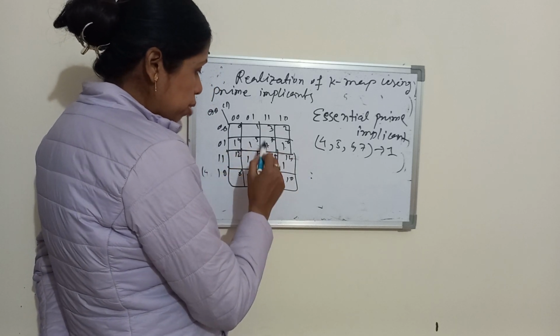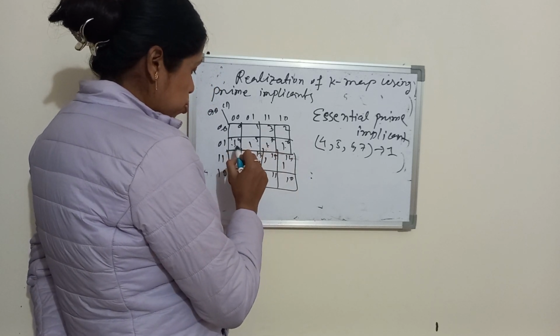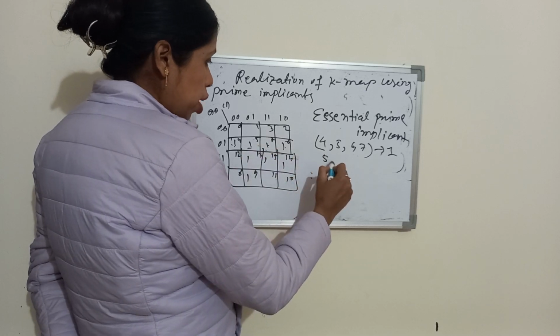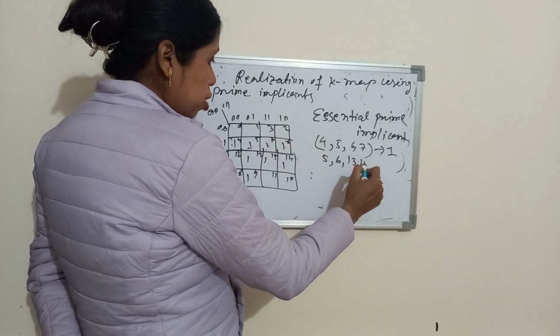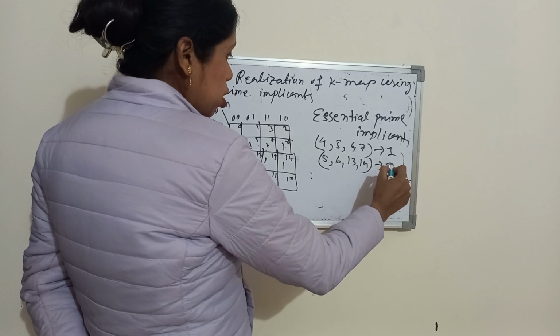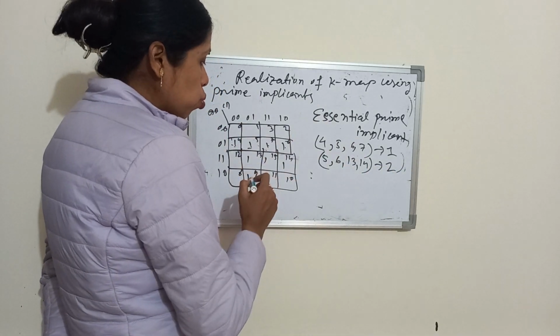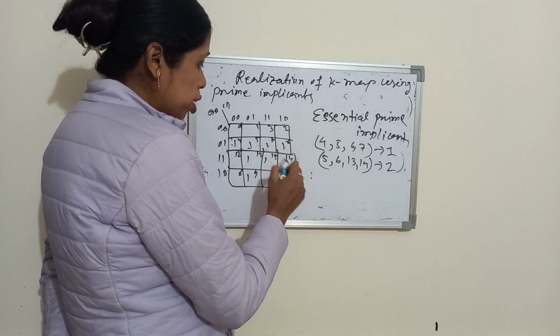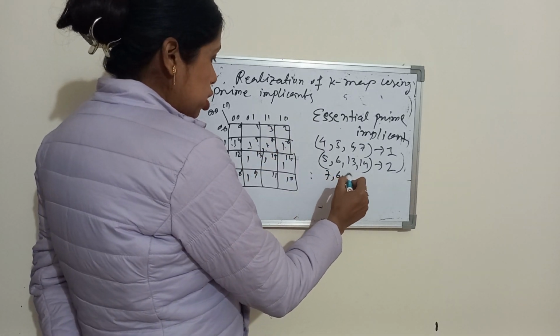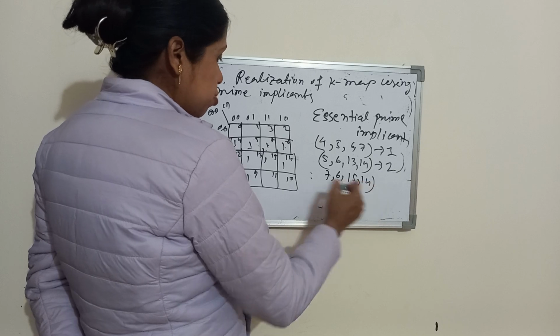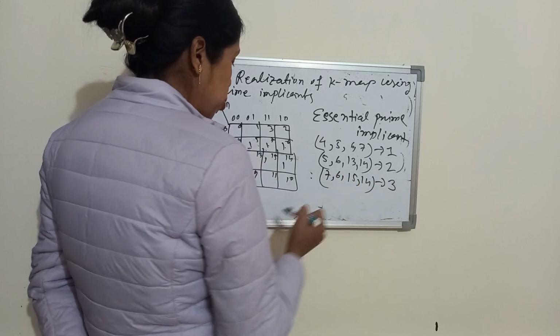Now come to 5 6 13 14. This one is the second prime implicant. So these 4 can create one quad. Now 7 6 15 14, third prime implicant.